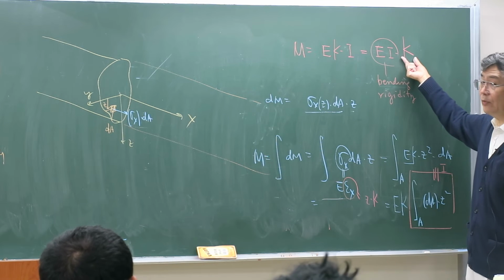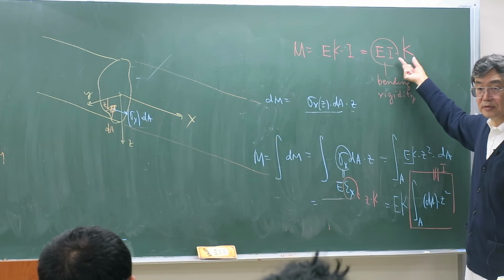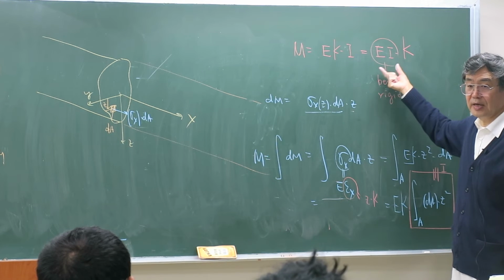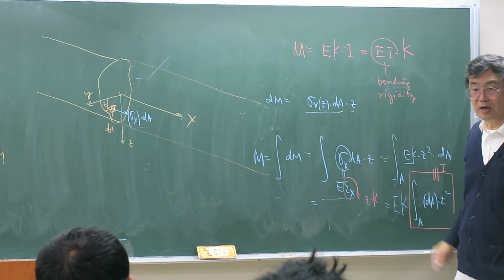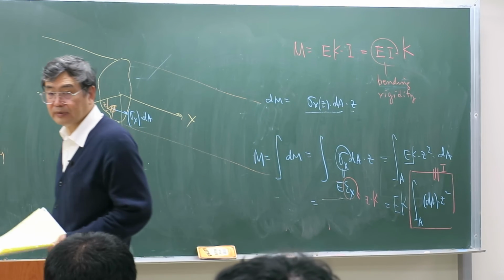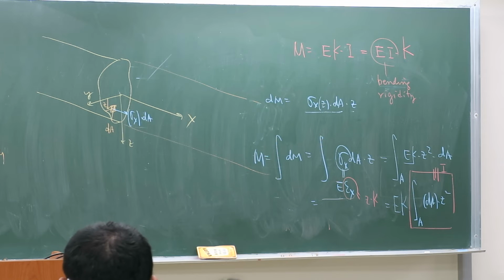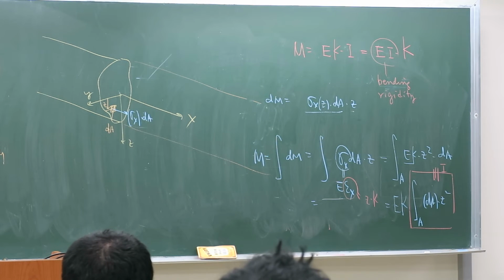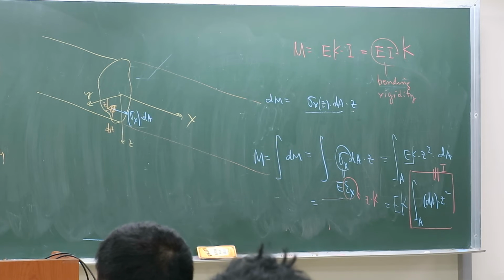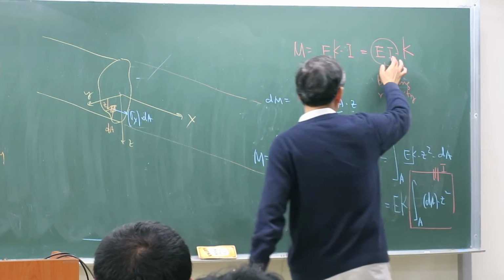If you want to create a certain curvature, then the moment you need to apply is the curvature you want times the bending rigidity of the beam material. That's the linear relationship with the curvature.